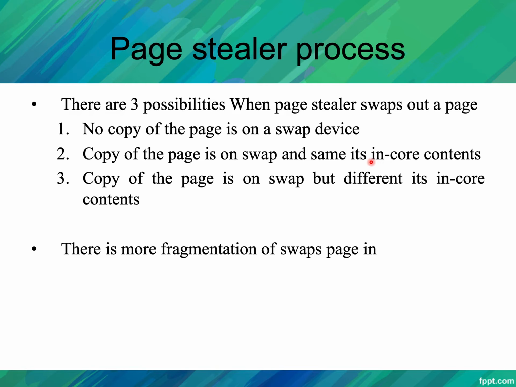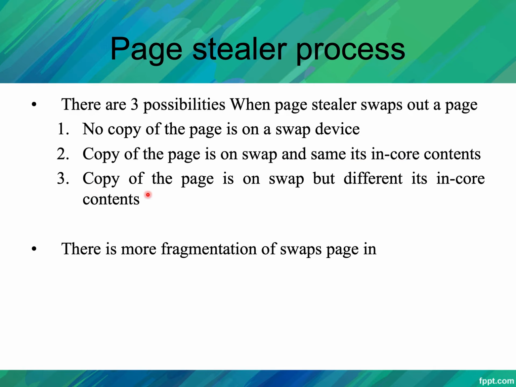In this situation, the same content is available in the primary memory as well as in the swap device. The content in the primary memory will get erased, and no changes will happen in the secondary memory, that is the swap device.